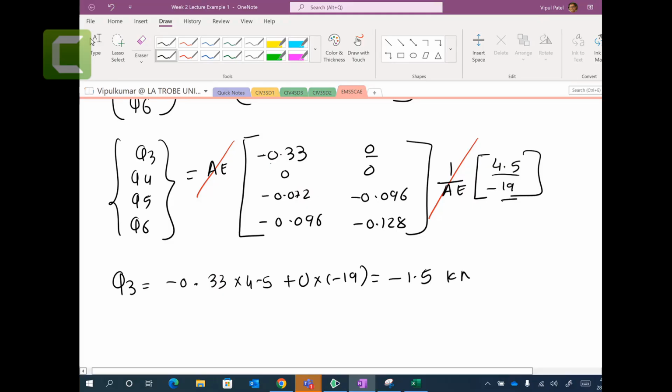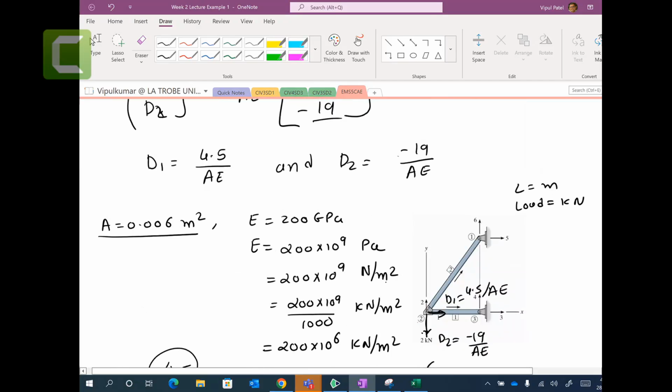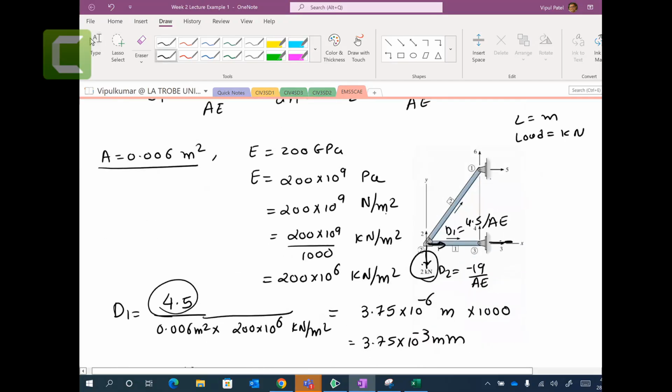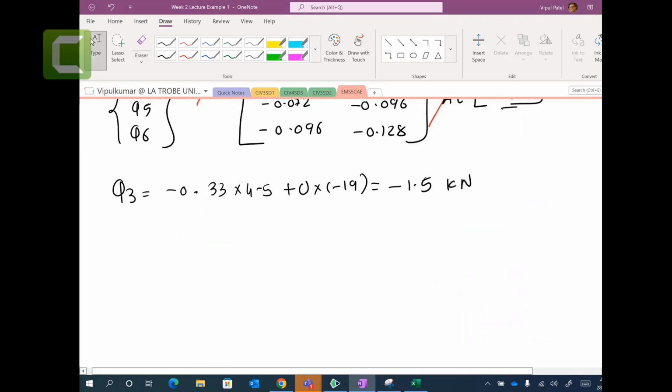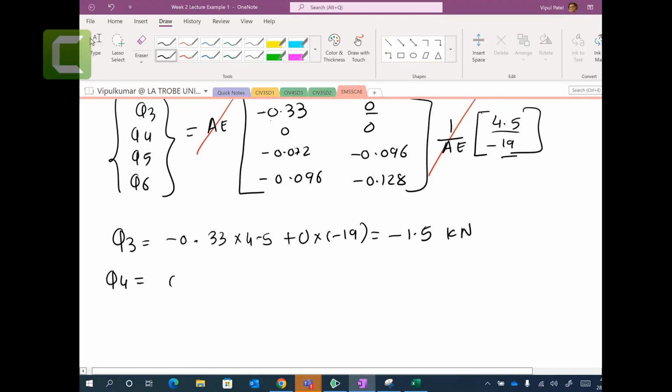Again, look at here. You are applying 2 kilonewtons of force. The reaction would be created here and here would be in this range, right? 1.5 looks reasonable. Q4 is 0 times 4.5 and 0 times minus 19, so 0. So there is no reaction force in Q4.